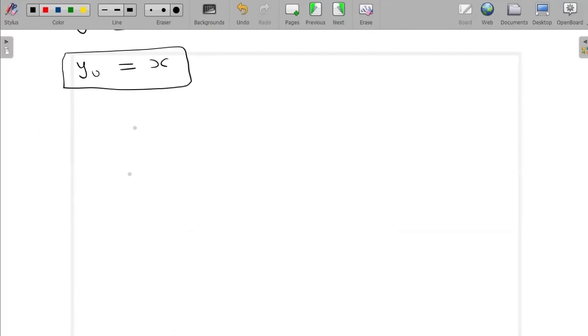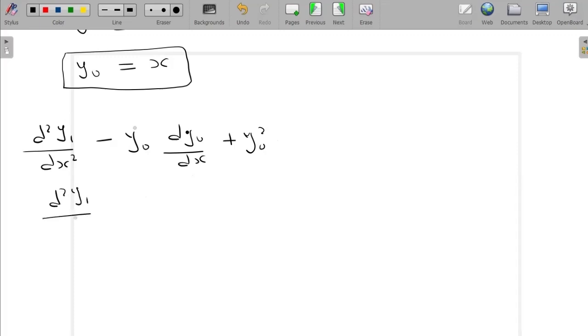So we pick d²y1/dx² minus y0 dy0/dx plus y0². Since our y0 is known, we say d²y1/dx² minus x times 1 plus x².